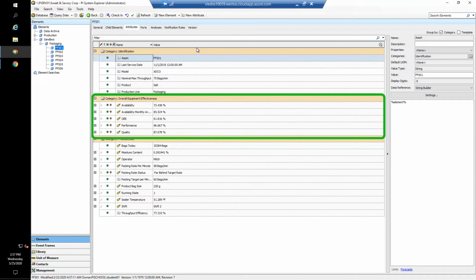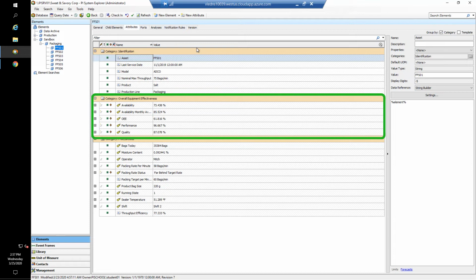Now, if you are interested in OEE, in this lab we don't go into the calculation of it. We do go into working with analyses a little bit, but if you are interested in overall equipment effectiveness, a great place for you to go is pisquare.osisoft.com, and then just search for the asset-based example kit for OEE.